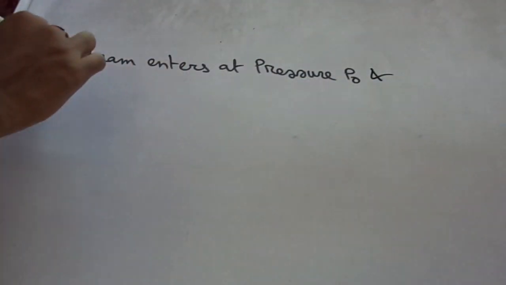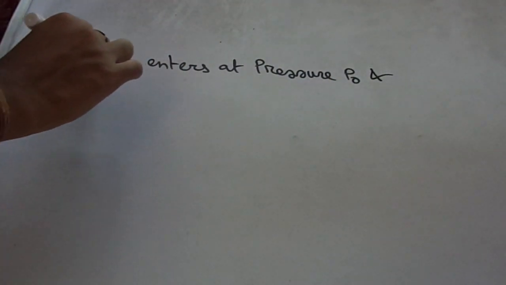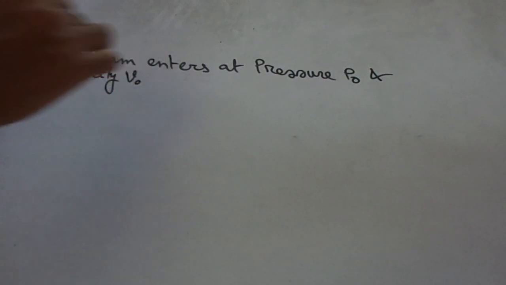Steam enters at pressure P0, velocity V0, undergoes expansion to pressure P1 with a velocity increase to V1.